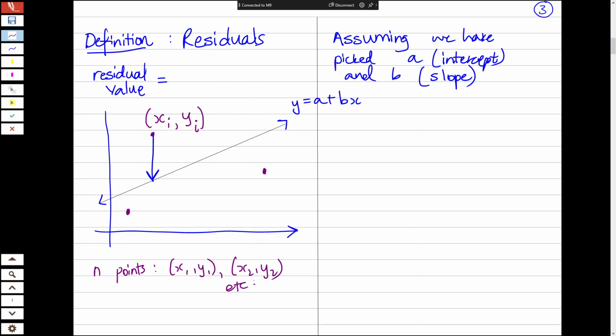What I'm seeing here, and I hope you're seeing this too, is that there is a difference between the actual y value in the data and what this straight line is predicting.